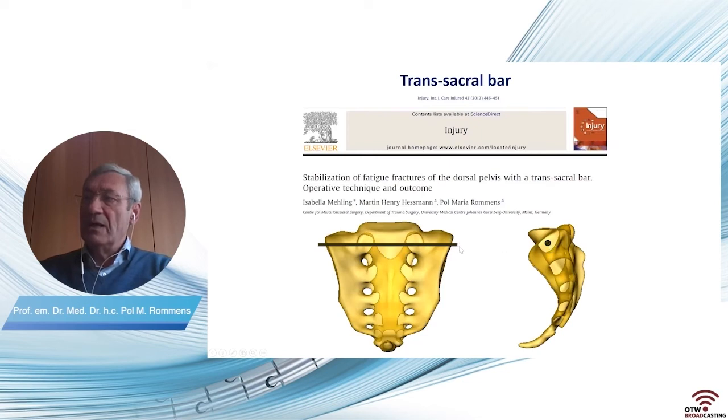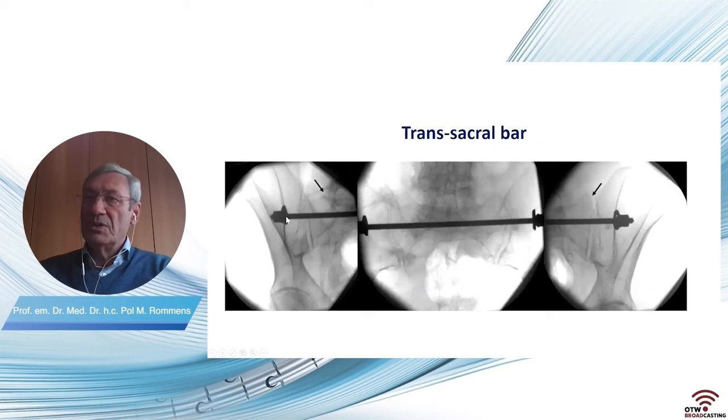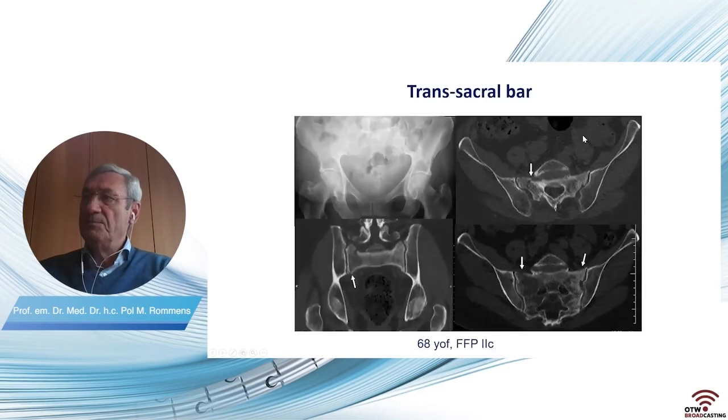It is about 6 millimeter in diameter and had a thread from the beginning to the end. On both sides, there are washers and nuts, and you see here that this washer is pushing against the lateral cortex of the posterior ilium on both sides, and the bar is going through the corridor of S1.